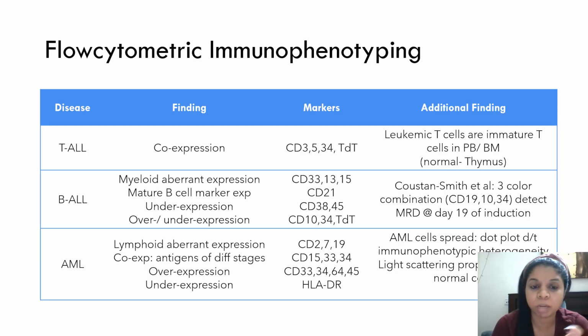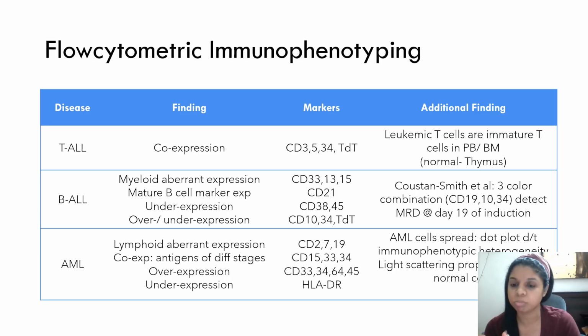They use the minimal number of markers to detect the ALL, as well as to have the MRD quantified and followed up. Okay, so the panel that Costin and Smith et al. found, the three-color combination, was CD19, 10 and 34 as a marker for most of the B-ALL they have studied.